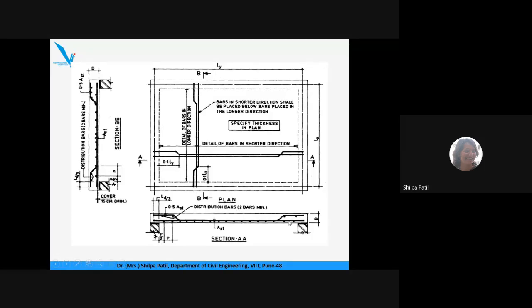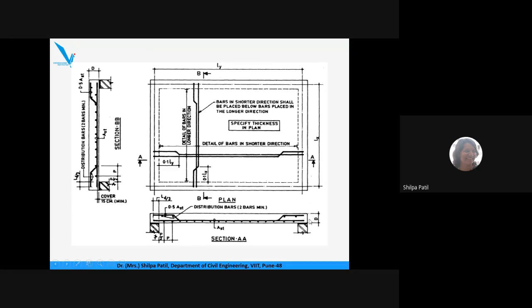You can see here the dots or circles provided, these indicate the main reinforcement which is provided in the shorter direction. So the main reinforcement in the shorter direction is placed first. Above that, the reinforcement in the longer direction is placed. So this horizontal line is nothing but your main reinforcement.